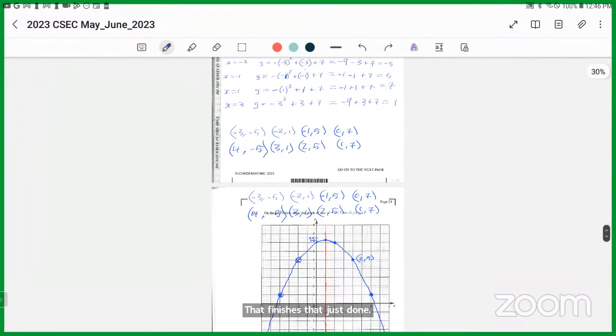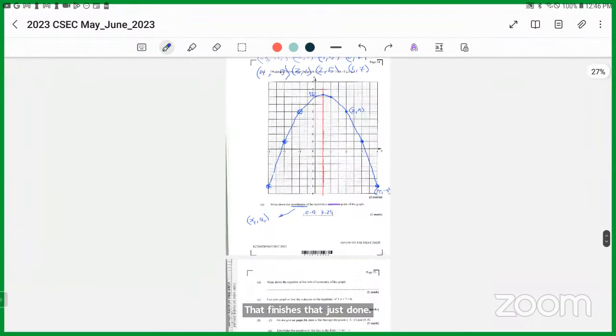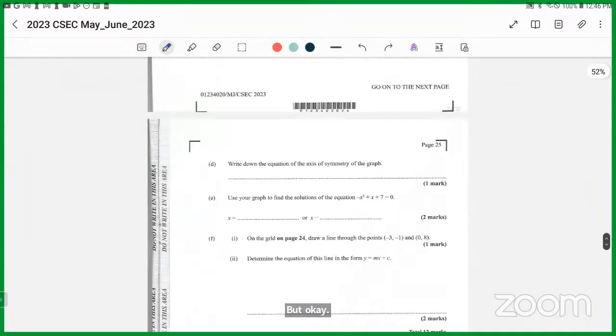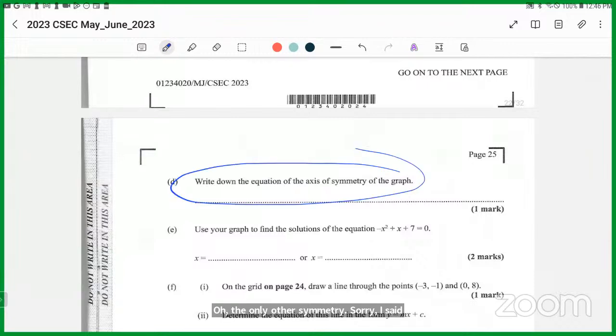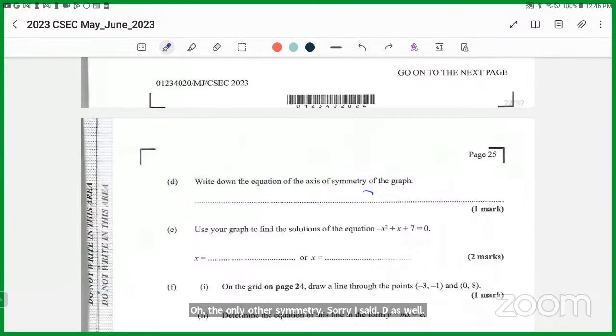Any questions? Oh, I need to say the axis of symmetry. Sorry, I said we're to do D as well. Right, the axis of symmetry: x equals half, or 0.5.